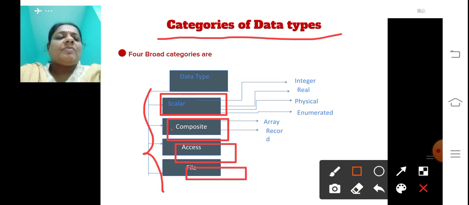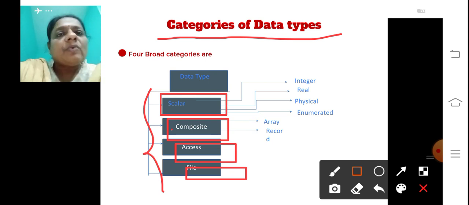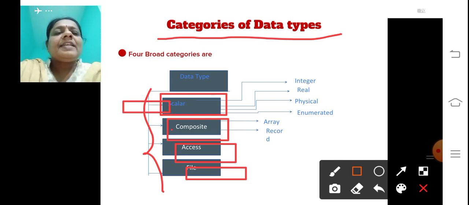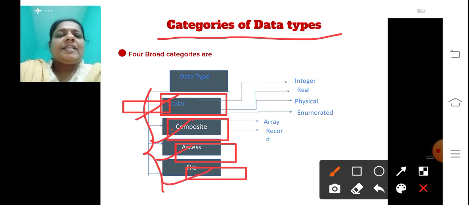So mainly there are four categories: scalar, composite, access, and file.